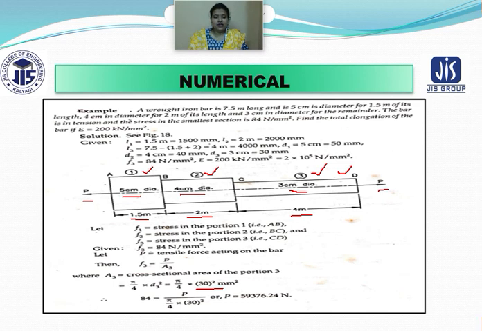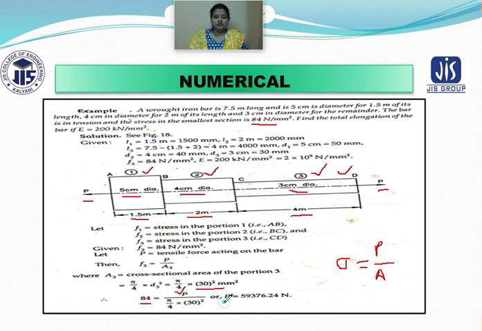And the most important thing is that the stress in the smallest section has been given to you, that is 84 Newton per millimeter square. If I talk about stress, stress is equal to P by A. So if stress is equal to P by A, the P value has not been given here, so you need to find it out. The stress value has been given, that is 84, and the area value you have already calculated, that is pi by 4 into 30 square.